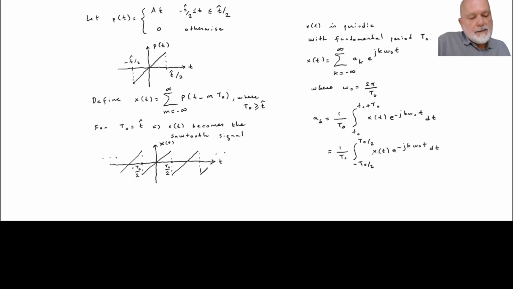Now, x of t is only non-zero in the interval from minus t cap over 2 to t cap over 2, and there it is given by the expression At. Therefore, we have 1 over T0 from minus t cap over 2 to t cap over 2, At e to minus jk omega 0 t integrated with respect to t.